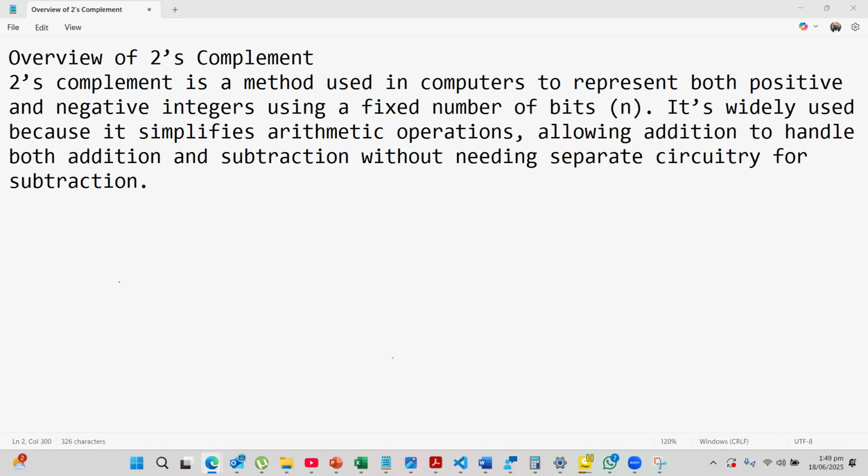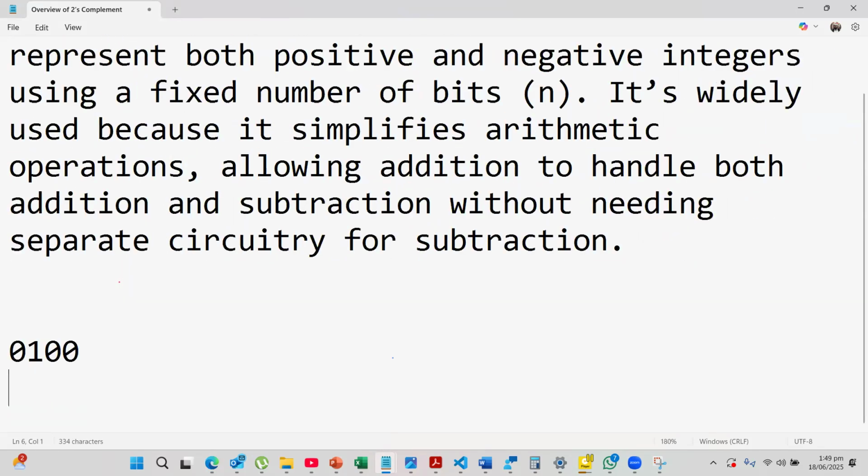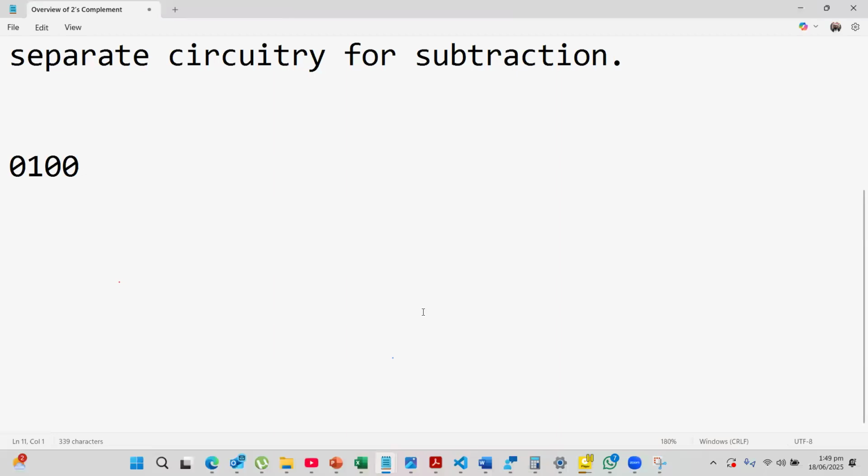We first of all have to know the most significant bit. If I have 0, 1, 0, 0, like this, what is the most significant bit?